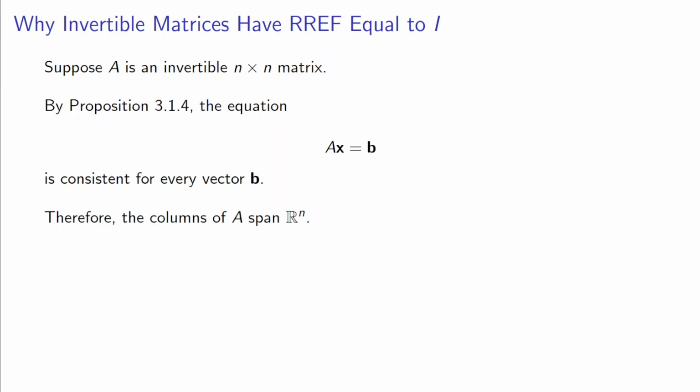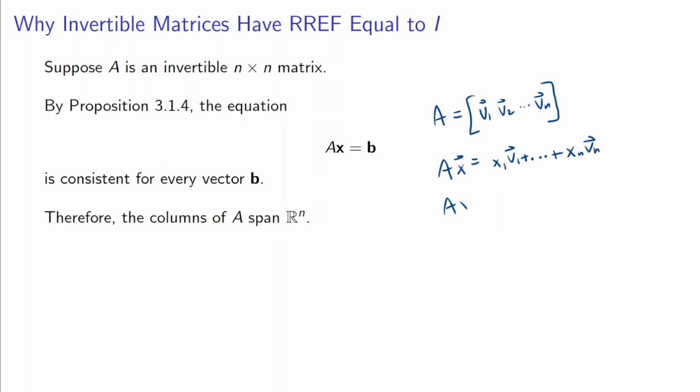If Ax equals B has a solution, then we remember that if v1, v2, down to vn are the columns of A, then Ax is just x1 v1 plus down to xn vn.